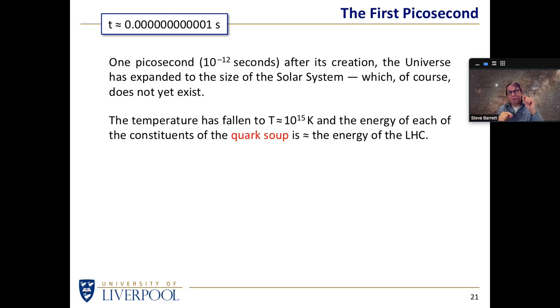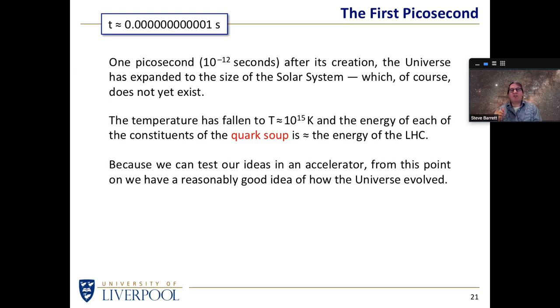In other words, from this point onwards, we can actually test any ideas we have about what the early universe was doing, because from this point onwards, the energies involved are accessible by doing experiments in particle accelerators on the Earth.